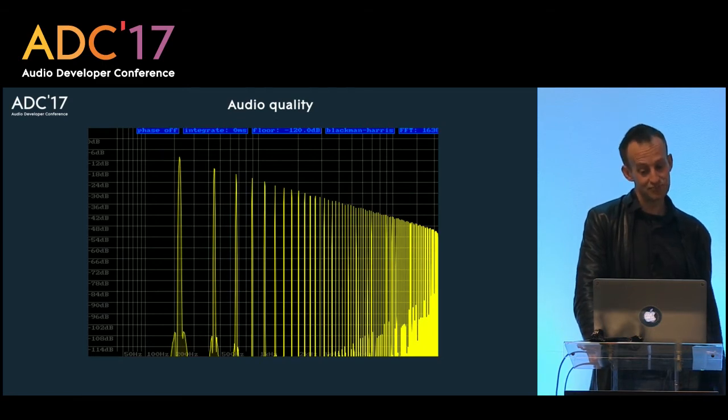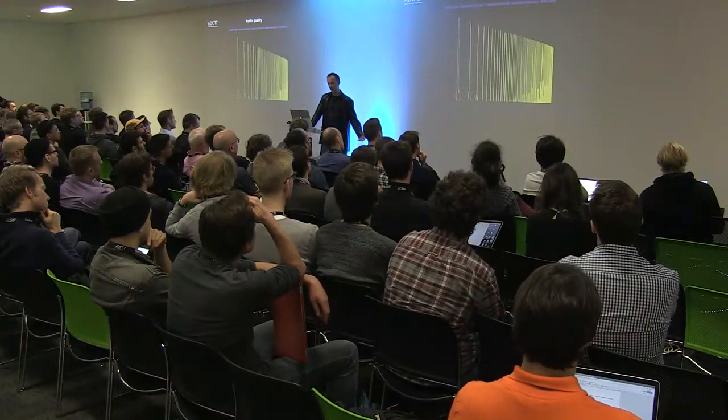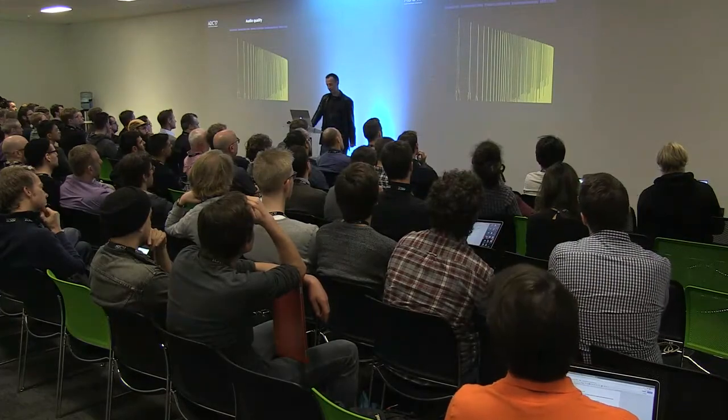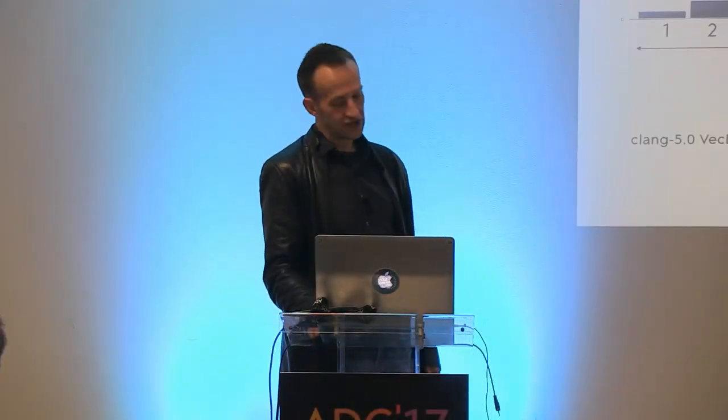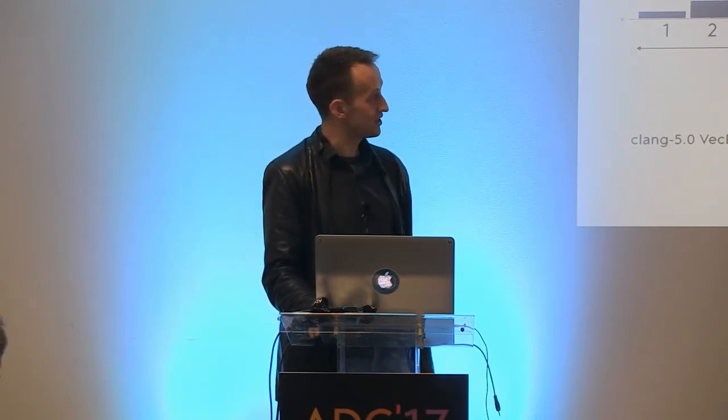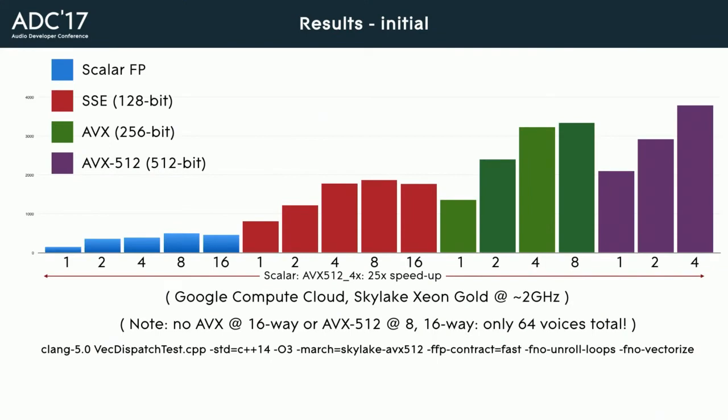That's pretty good quality, and obviously the more we oversample, the better that gets. And I think we can afford to oversample, looking at the speed ups we get here. So that's a 25 times speed up. I think we can maybe oversample that a bit.